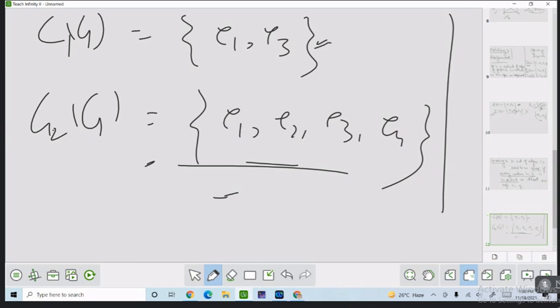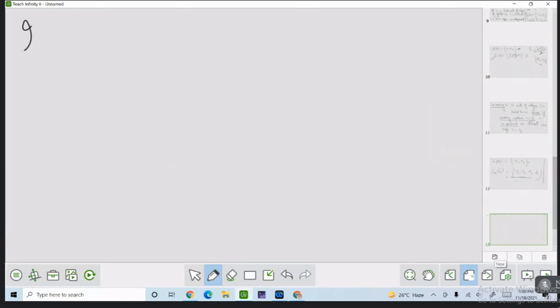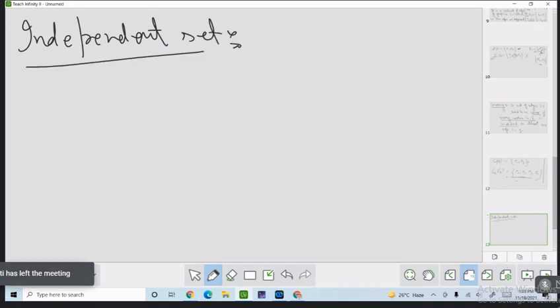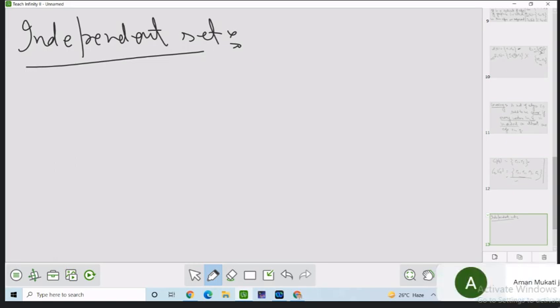We will study spectral theory and vector spaces in graphs. Independent set.